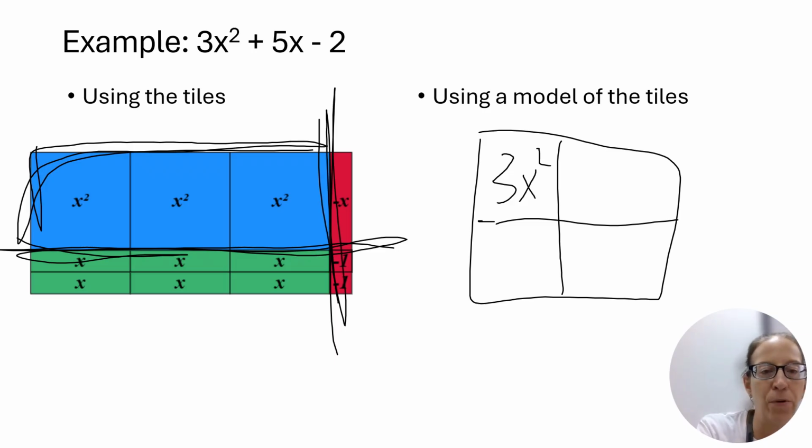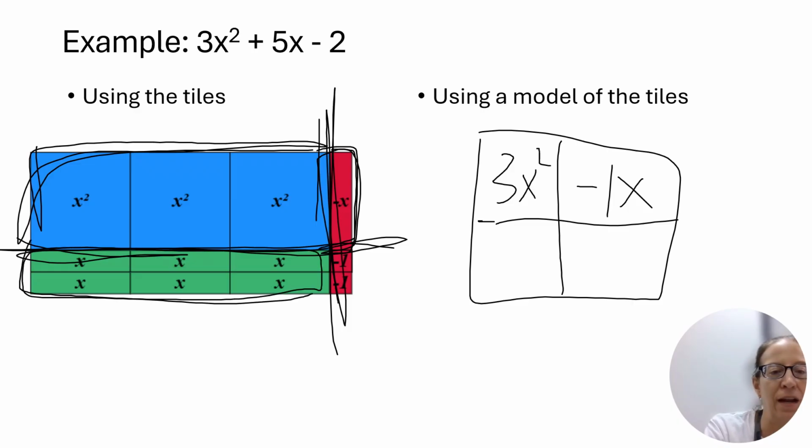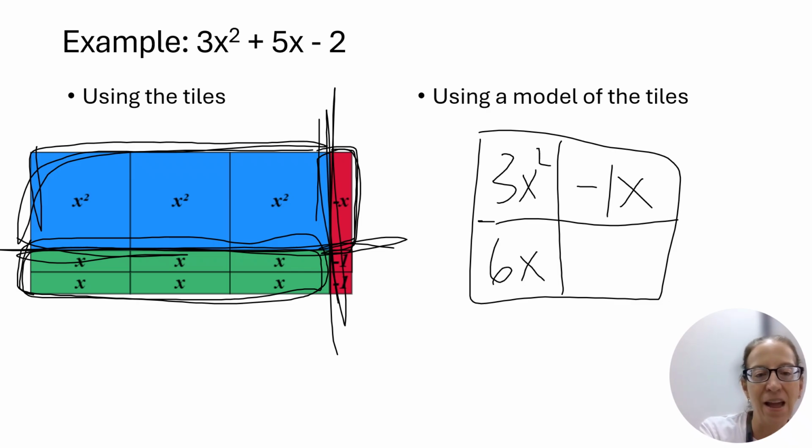In my upper right, which I've kind of made a mess of, I'm sorry, that is a negative 1x, because I have just the one red tile. In my lower left, I have 6 x's, and then right here in my lower right, I have a negative 2.